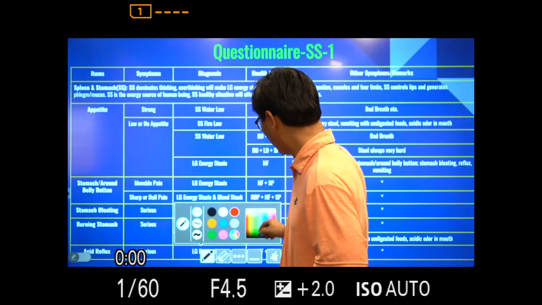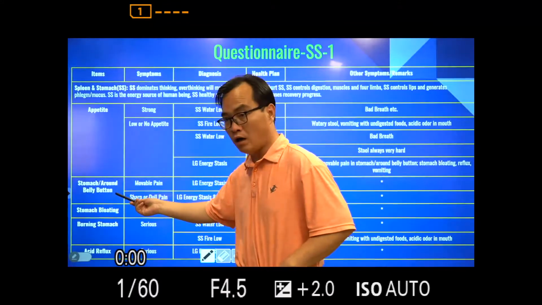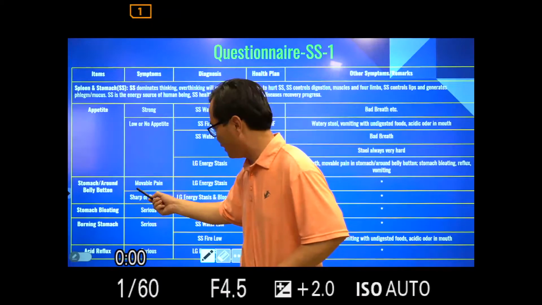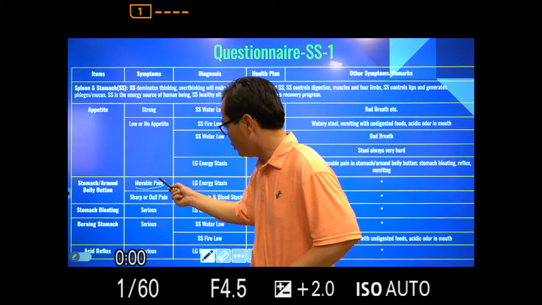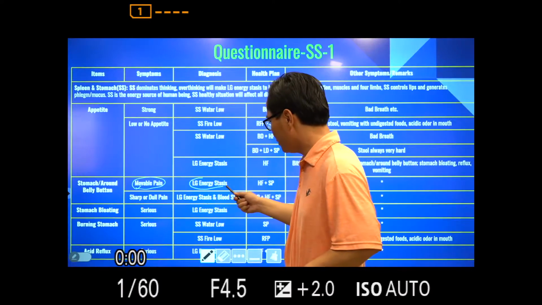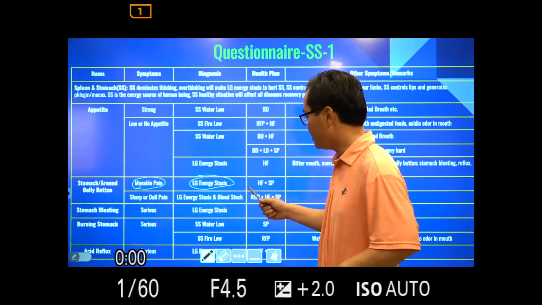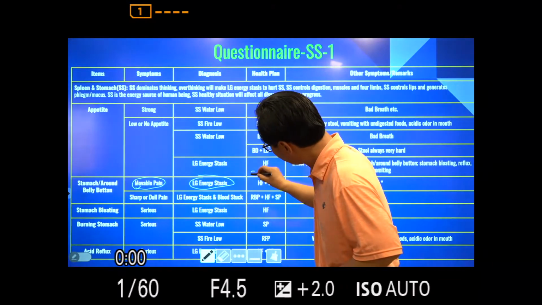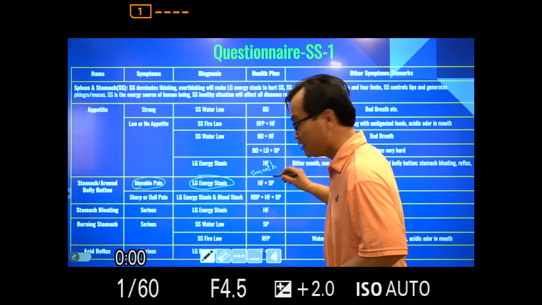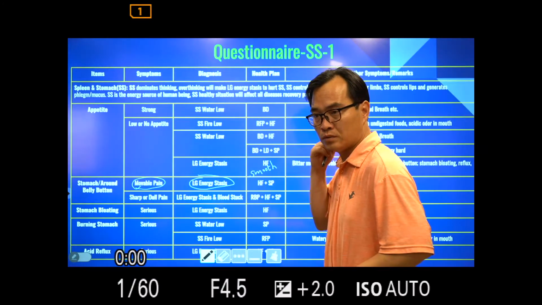So if the stomach or around the belly button has more pain, it is allergy inner diseases. If allergy inner diseases, we need to smooth the allergy energy. This is the treatment rule, okay?